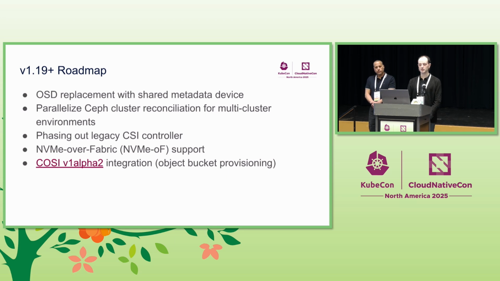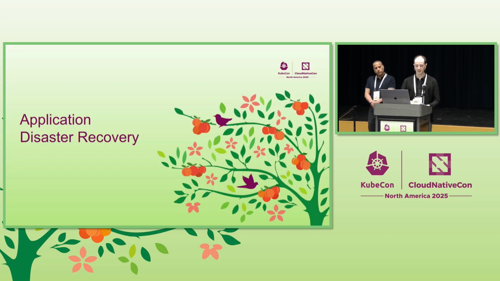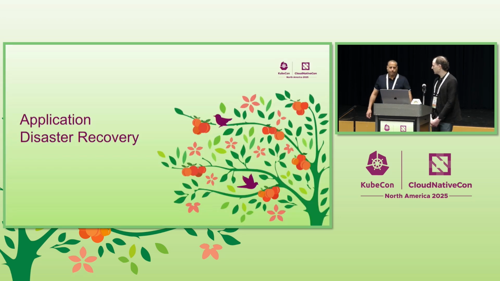We're also slowly going to be phasing out the legacy CSI controller. And we're also looking to integrate with Ceph's new NVMe over Fabric support, working closely with the Ceph team to make that a reality. We're also going to be integrating with Cozy's V1 Alpha 2 release that's coming up soon. And now I'm excited to pass off to Benamar.